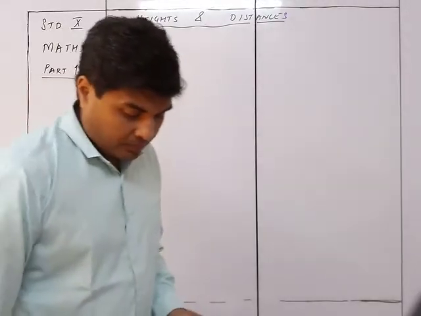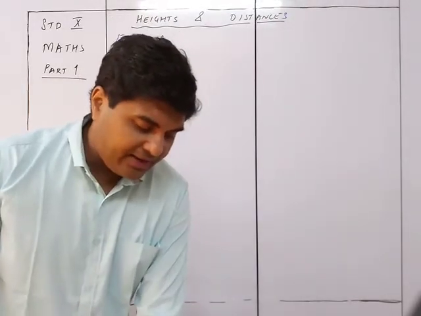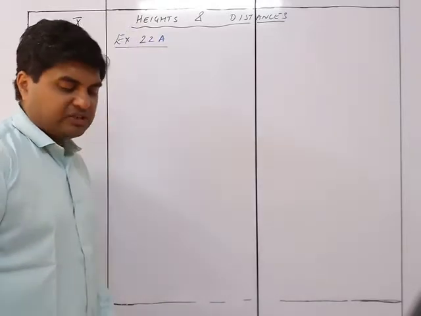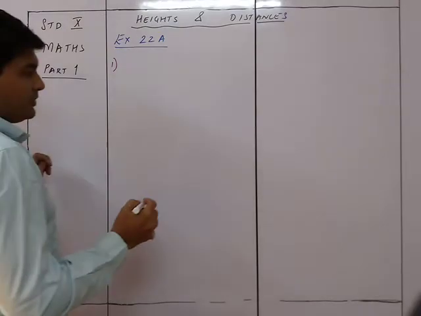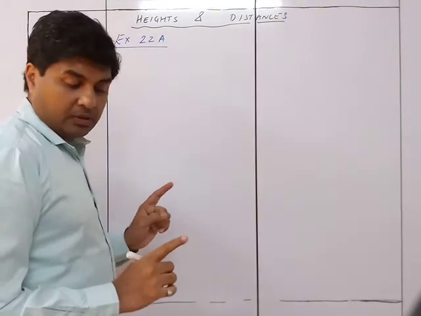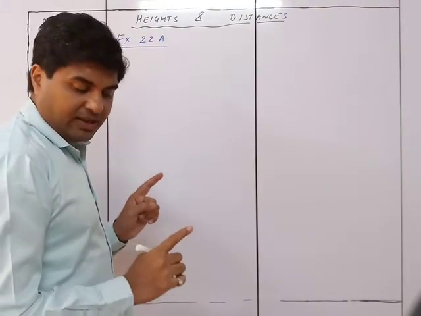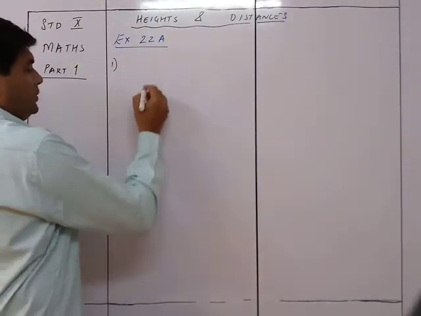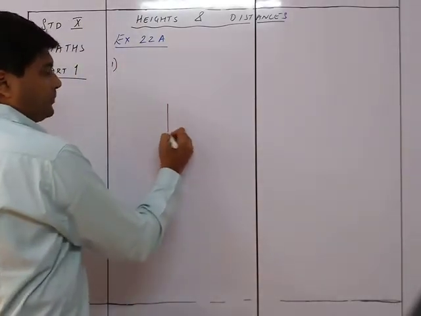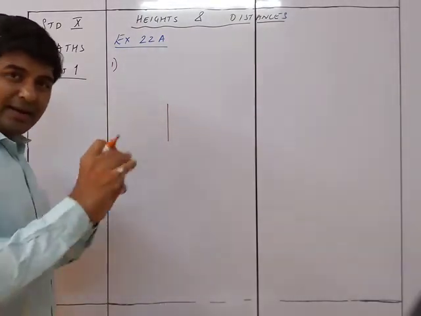The height of a tree is √3 times the length of its shadow. Find the elevation of the sun. So, we can see that this is a tree. We are not going to draw a tree and everything.